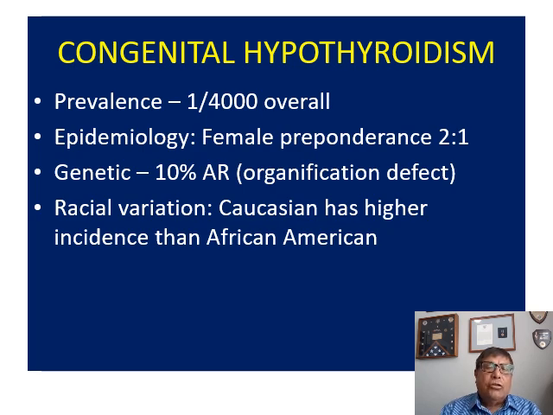So this is goitrogenous hypothyroidism. If you have ruled out iodine deficiency, then this is the one that will give you a goiter. Racial variation: Caucasians have somewhat higher incidence than African Americans, and different studies have shown Asian Americans versus Hispanic Americans and so forth. But different series will come up with different numbers.